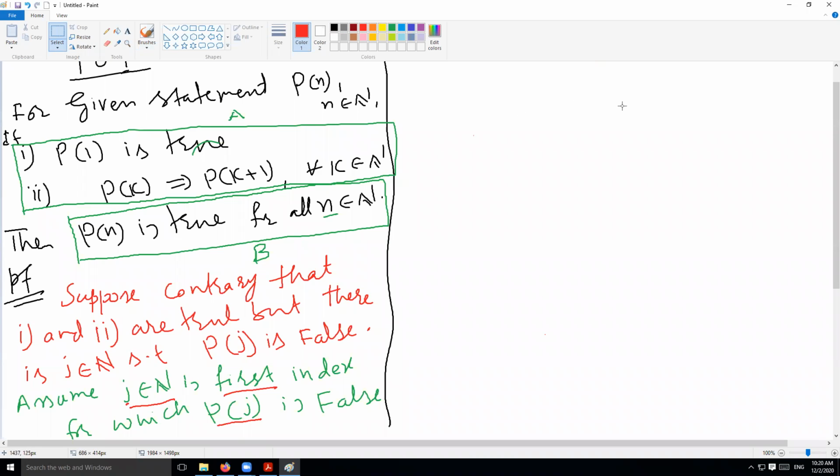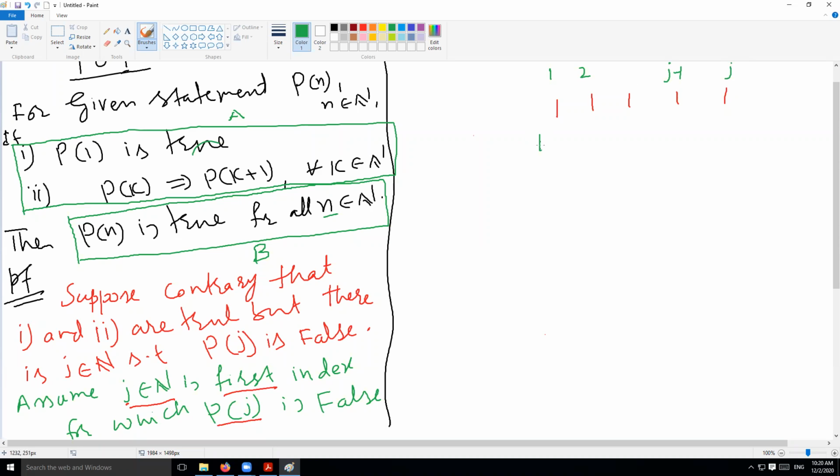By the way, can you see the contradiction? We have step 1, 2, and so on. This is j minus 1, and this is the jth step.